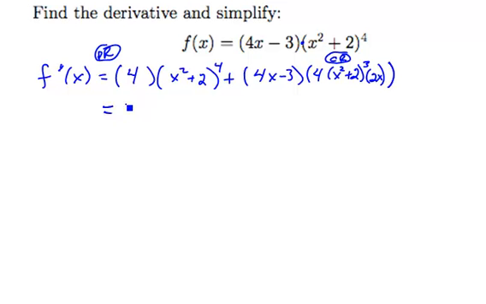And then this is the plus sign from within the product rule. And on the right side, I've pulled the 4, and I've pulled out the x squared plus 2 cubed. So what I'm left with is 4x minus 3 and 2x. Alright. So the majority of the factoring is done.